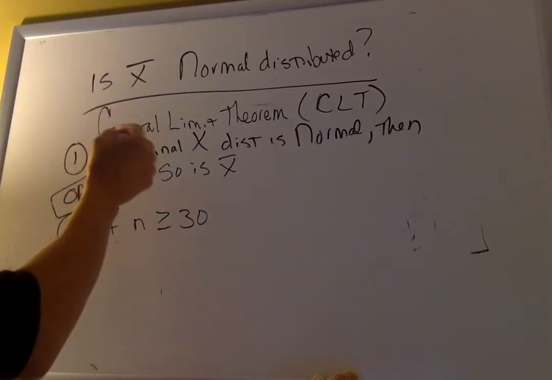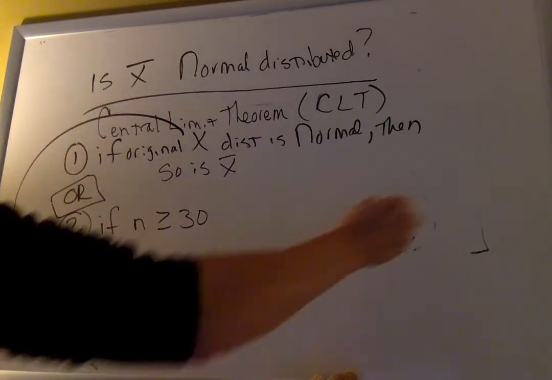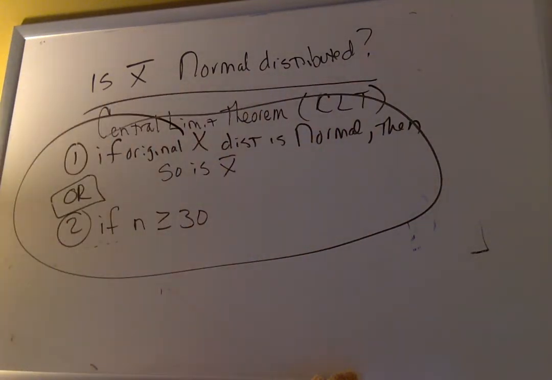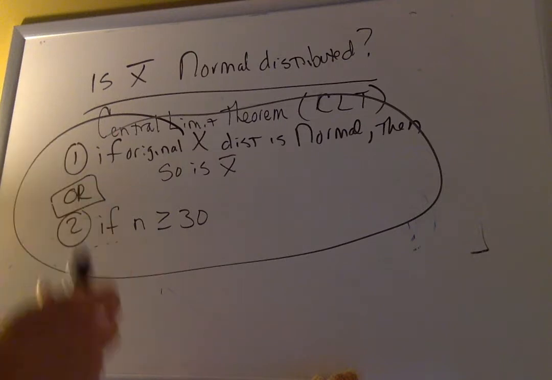You absolutely need to memorize this or know this, because often on test 2, but all the time on test 3 and test 4, I'm going to be asking you, how do you know x-bar is normal? And you're going to be using this. So this is something that's going to get you through the rest of the semester. Let's try to put all this into a nutshell. Then we're going to practice a problem.